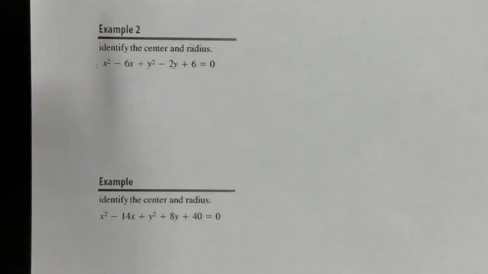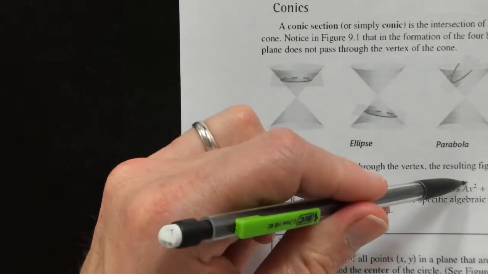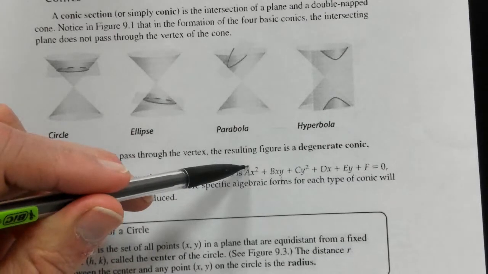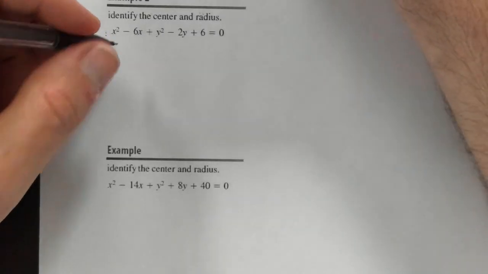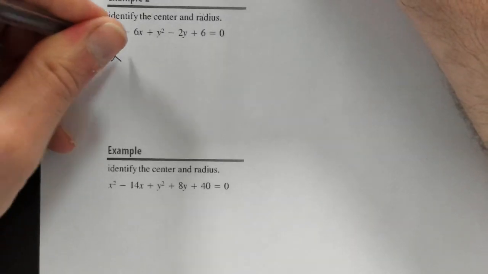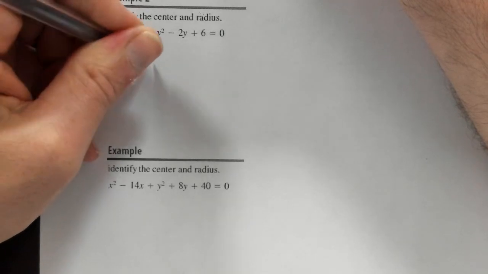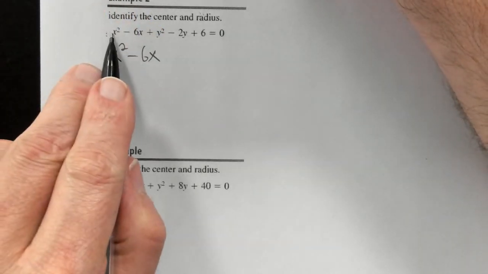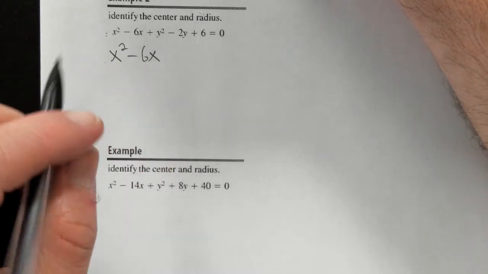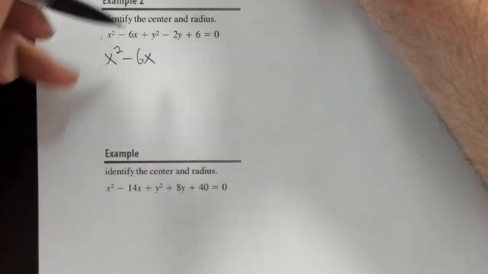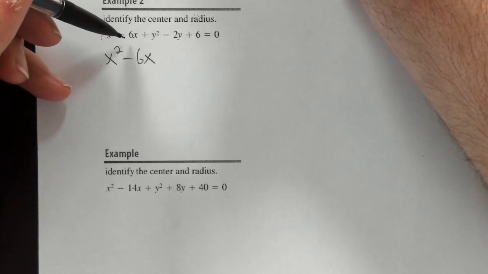Okay, so in order to turn it from this form to this form, we can use a method called completing the square. So what I can do here is I can go x squared minus 6x, and I can complete the square for the x portion of it. Okay, so completing the square was a method that was used in Algebra 2, so some of you may remember it.